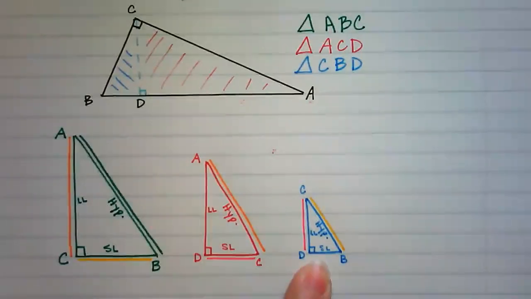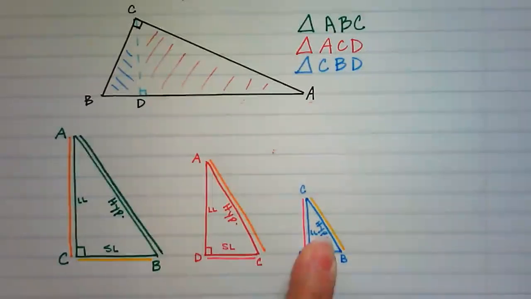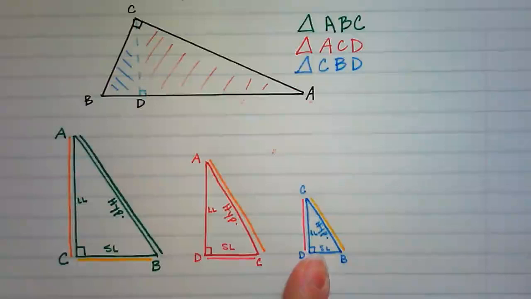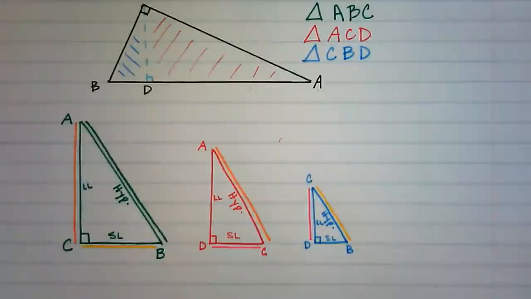So Baby Bear is made up of Mama Bear's short leg and Papa Bear's short leg. And then Mama Bear, her short leg is Baby Bear's long leg, and her hypotenuse matches up with Papa Bear.